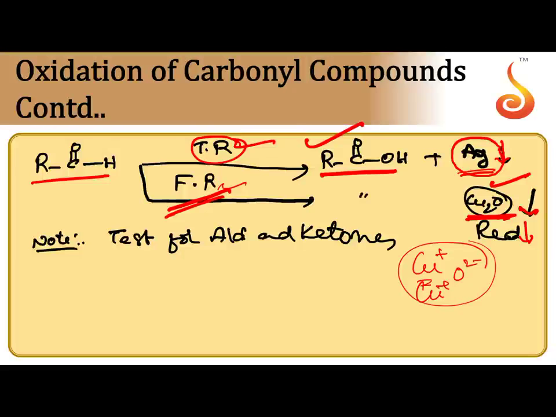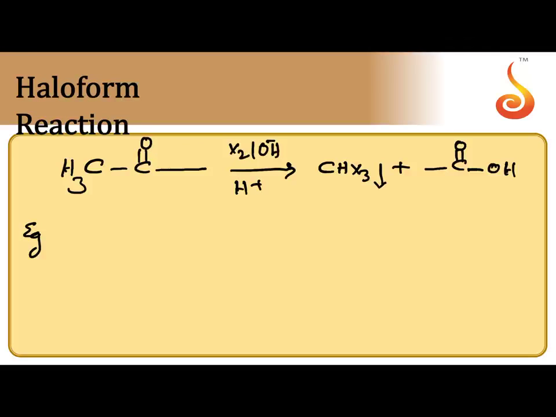So whenever a red precipitate is obtained from the given carbonyl compound with Fehling's reagent, that is an aldehyde; if you get a silver coating with Tollens reagent, that is an aldehyde. If the given carbonyl compound is a ketone, you cannot get any test. So only aldehydes give a positive test with Tollens reagent and Fehling's reagent. Ketones do not. This is used for the identification of aldehyde and ketone.